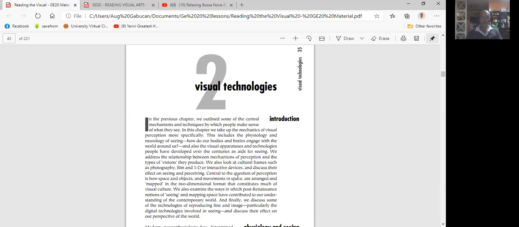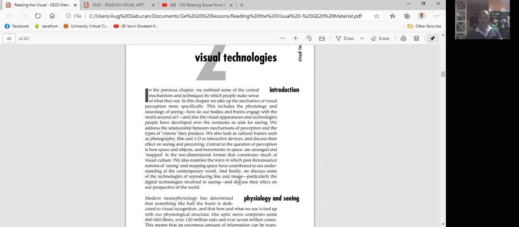We also look at cultural frames such as photography, film, and 3D or interactive devices, and discuss their effect on seeing and perceiving. Central to the question of perception is how space and objects and movements in space are arranged, or what we call mapped, in the two-dimensional format that constitutes much of visual culture.